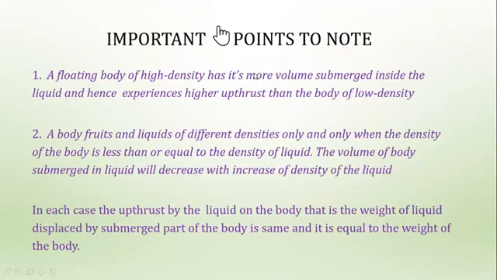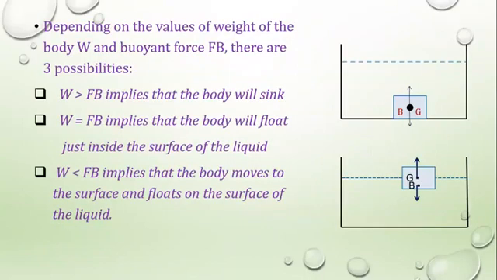Now, depending upon the weight of the body W and the buoyant force Fb, there are three possibilities. If W is greater than Fb, that means the weight of the body is greater than the buoyant force, then the body will sink.